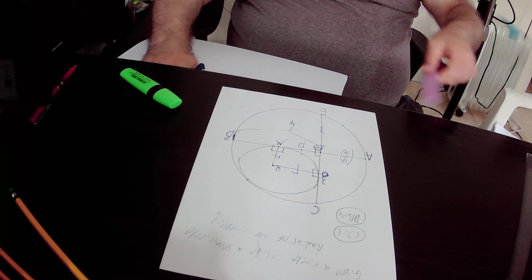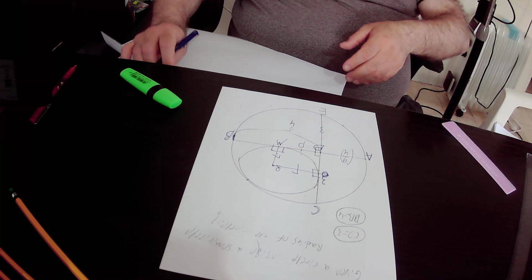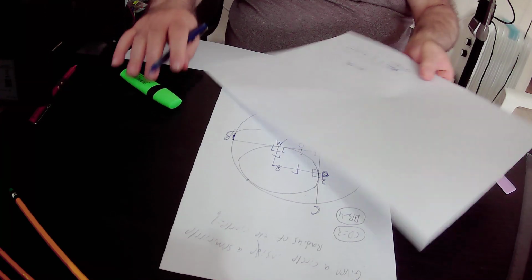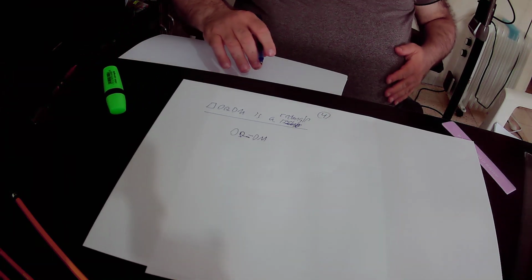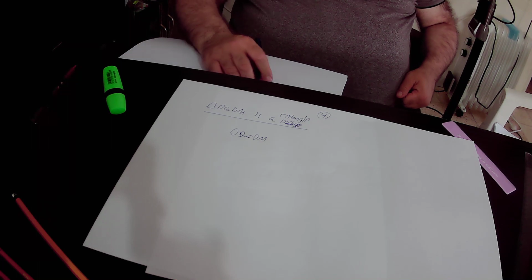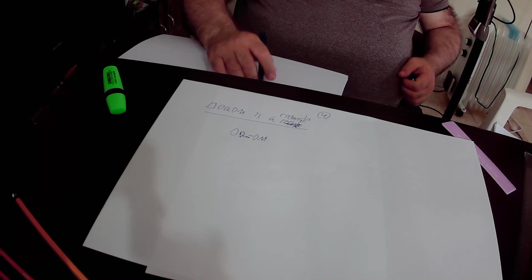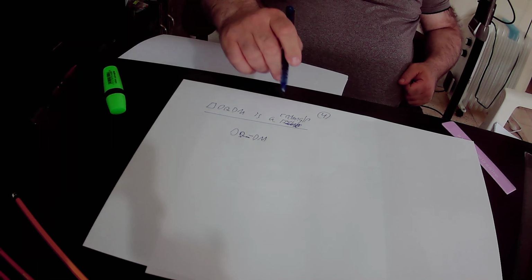I'll repeat again. In rectangle OQDM, the opposite sides are equal to each other. That is to say, OQ equals DM.